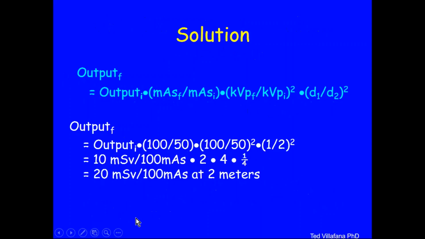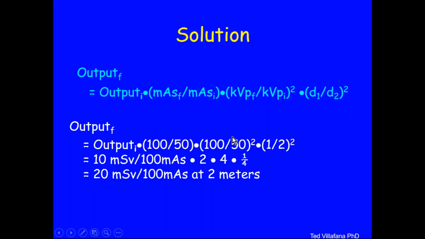Well, set up that running multiplication: the final output is equal to the initial output times the ratio of mAs. Here's the ratio of voltages, notice it's squared, and then you went from 1 meter, the first distance, to the second distance, 2 meters, squared.